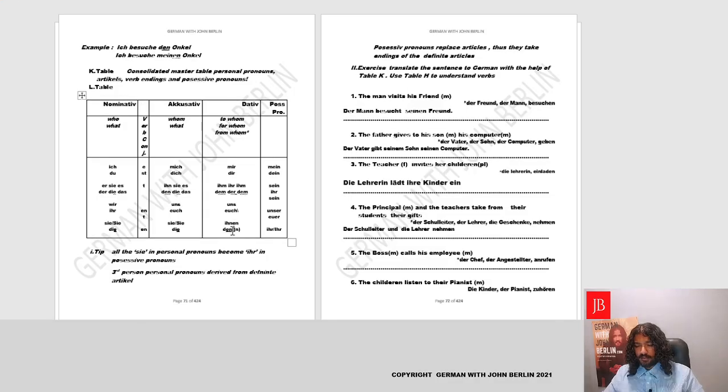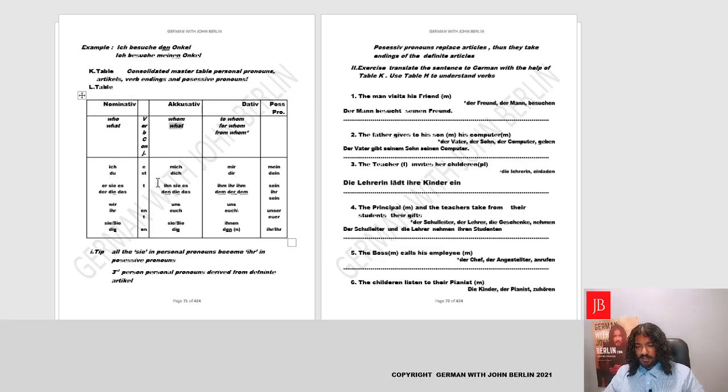Rather, we require the possessive pronoun. We require how to say der. They is sie. All the z's become ihr. So der is ihr. We'll write down here ihr, and we'll borrow the ending of den, which is en. Ihren Studenten.